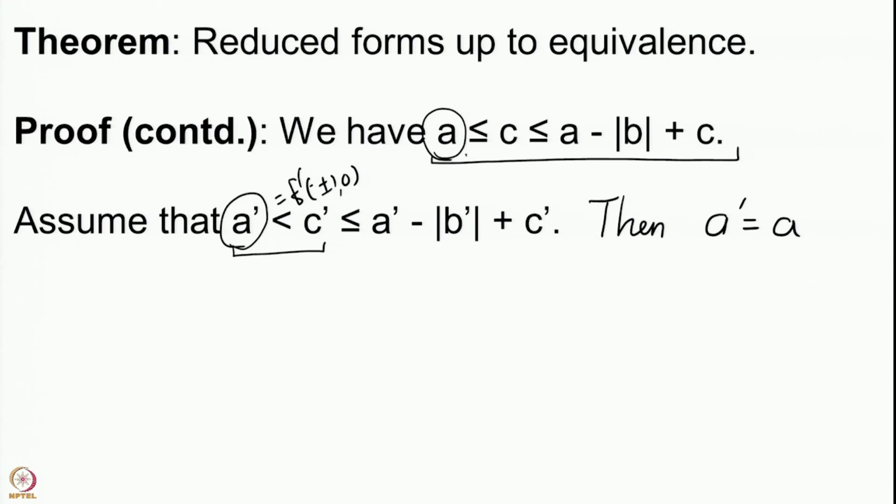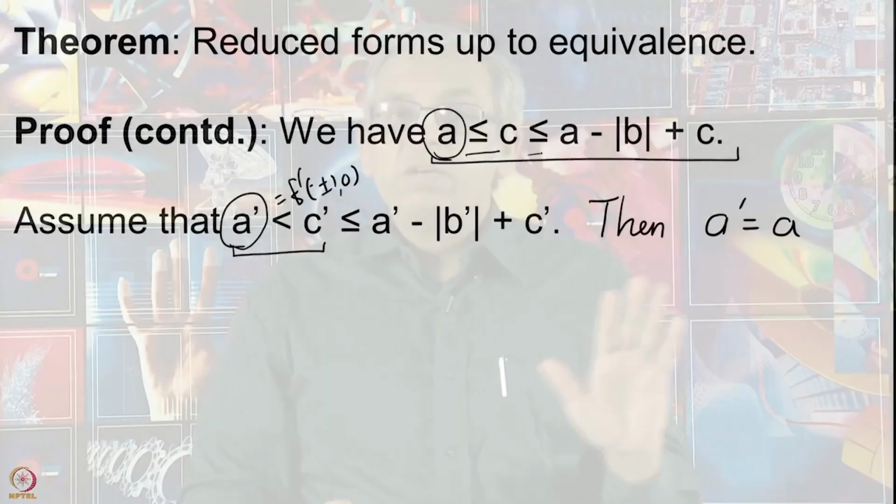It may happen that a is equal to c, and so you will have that a and c are the smallest being the same, and you may have equality here also, but in any case a is the smallest integer represented by f. If a prime is the smallest integer represented by f prime, we must have that a equal to a prime, because the two sets are same.